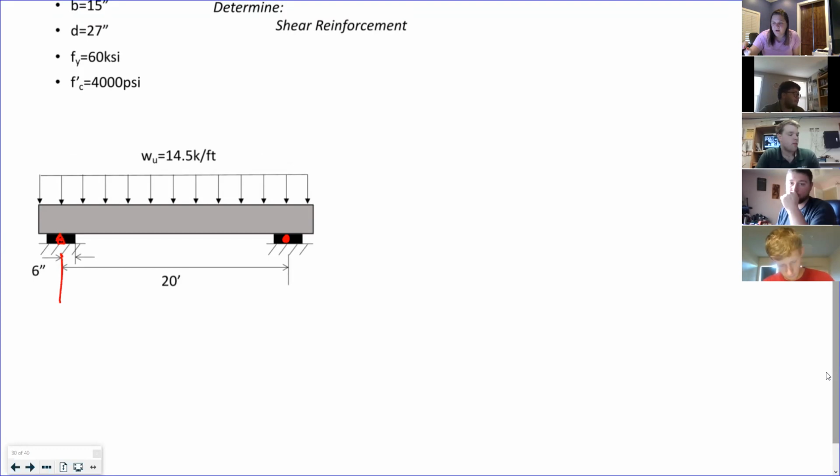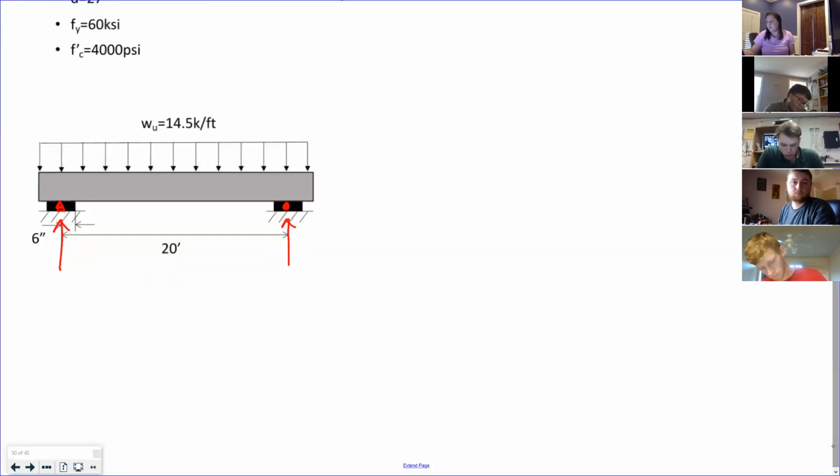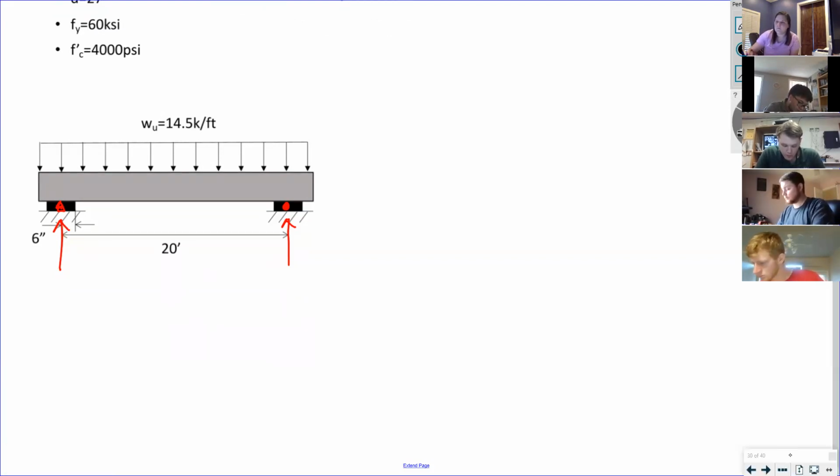So I need to find the reactions and draw the shear diagram.